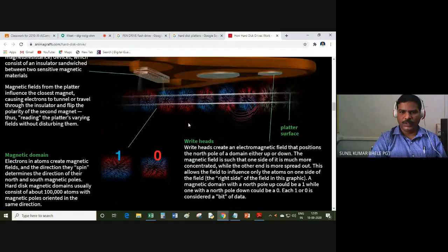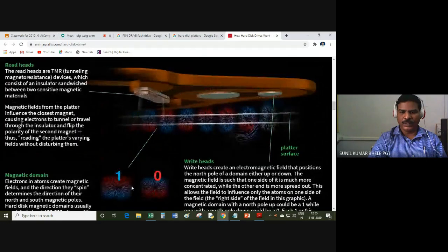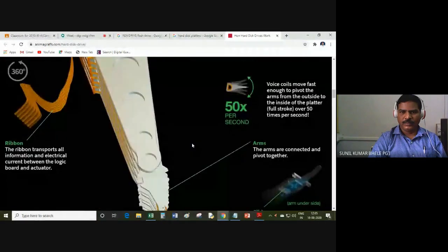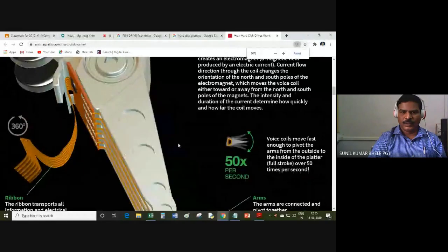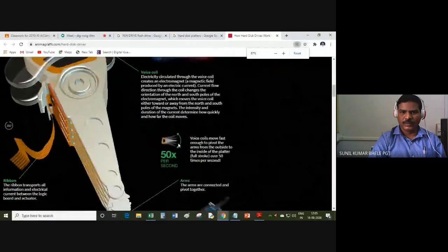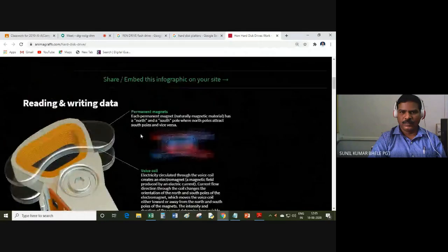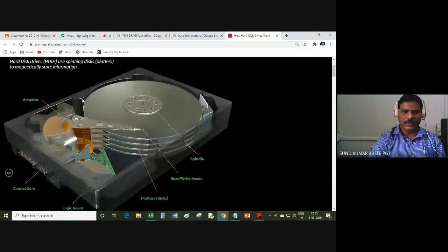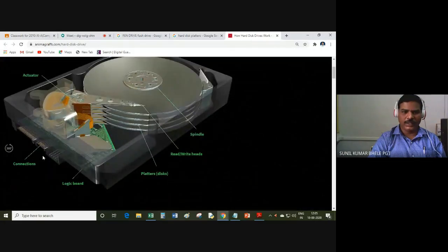So in this way, it is writing 1 and 0, you can see in the images. And this is the full picture of the hard disk. And here are the connections where you connect this hard disk to the motherboard.